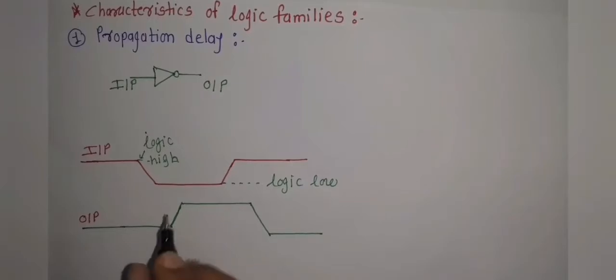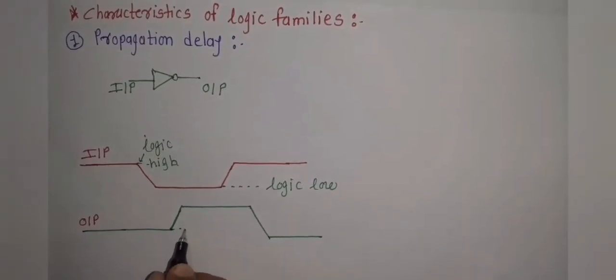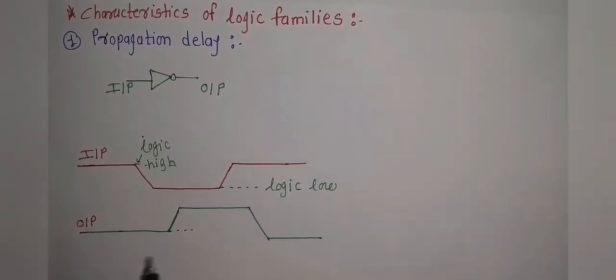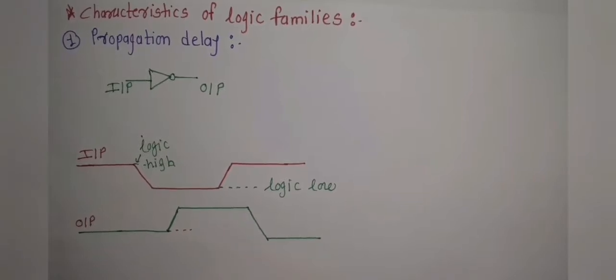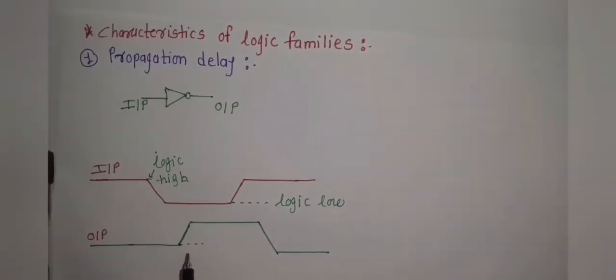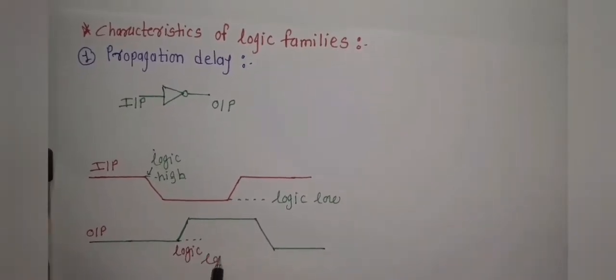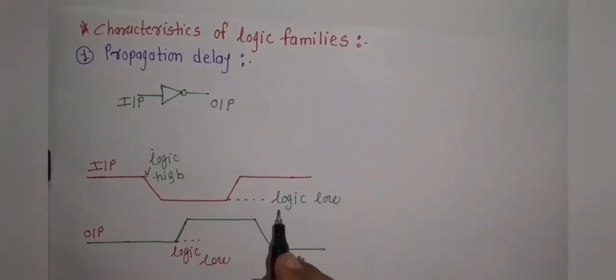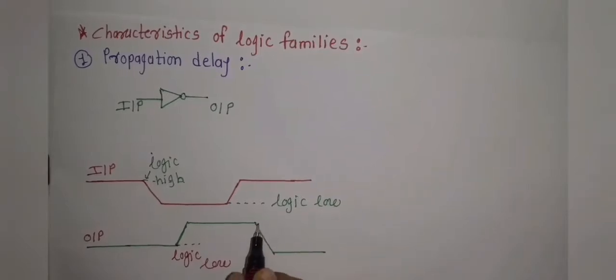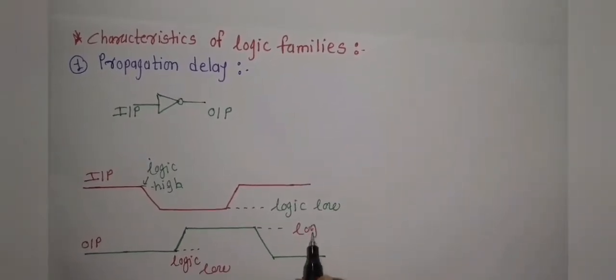At the output, the transition is from this level, logic low, to this level, logic high.